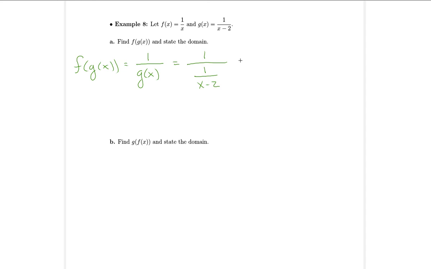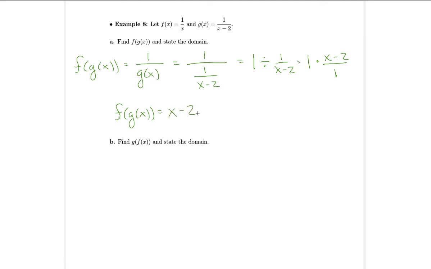But of course, whenever you have a fraction within a fraction, you can always feel free to take your fraction bar and turn it into division, right? So you can say 1 divided by 1 over x minus 2, which is, you always multiply by the reciprocal, right? So what that means is that f of g of x equals x minus 2.